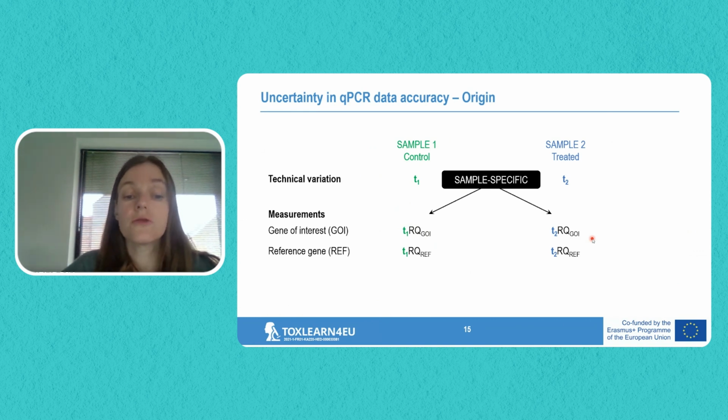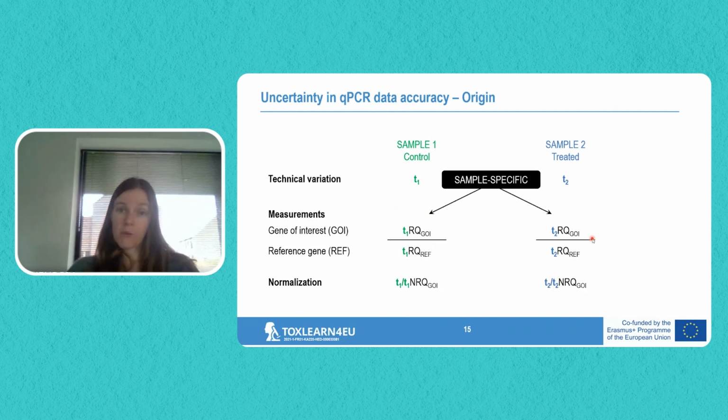Now, what you will also do is you will also measure the expression of a reference gene. So also for the reference gene, you will determine the CQ values for each of the samples. But this technical variation, for example, differences in RNA concentration, differences in PCR inhibitors, this will be, of course, the same for the gene of interest and the reference gene, because they're measured in the same cDNA samples. Now, what will happen during the data normalization is that these values will be divided by each other.